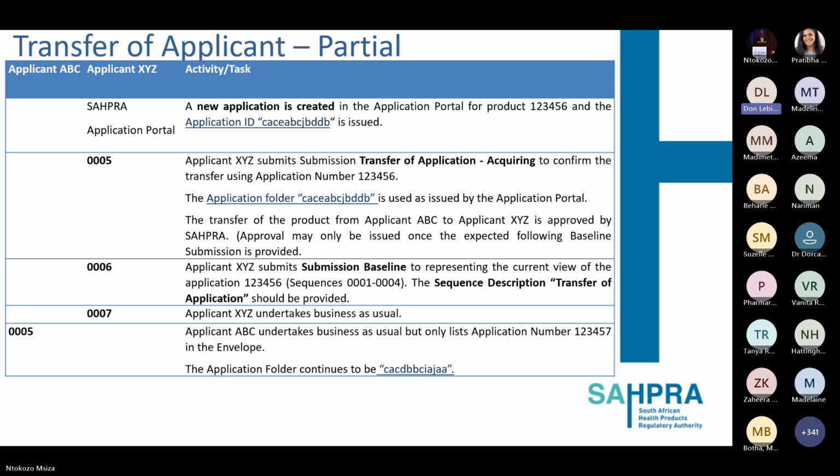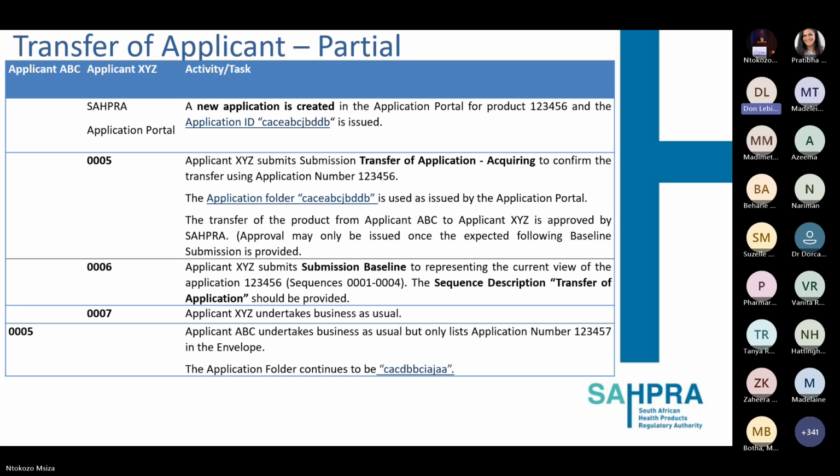Okay, then on the SAHPRA application portal, we now need to have two separate application IDs. The current one would remain for 123457, but we need a new application ID for application number 123456, which is the one being relinquished.